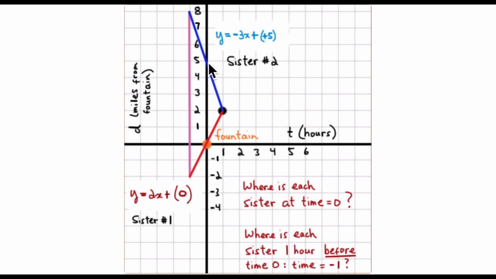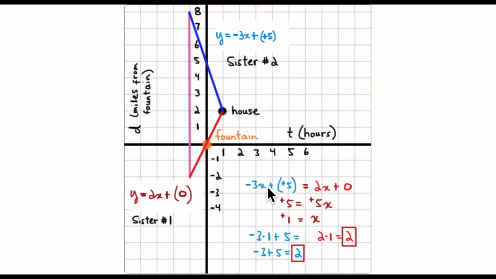The 5 is the y-intercept for sister number 2, and 0 is the y-intercept for sister number 1. So use those two equations, and to solve for x, it's going to take the same amount of time, x, to get to the same place, the house. And notice, as you solve this system of equations algebraically, you calculate the difference in these y-intercepts. So this is 5 minus 0. That's this 5 right here minus this 0 right here, which is 5. And you also calculate the difference in the slopes.